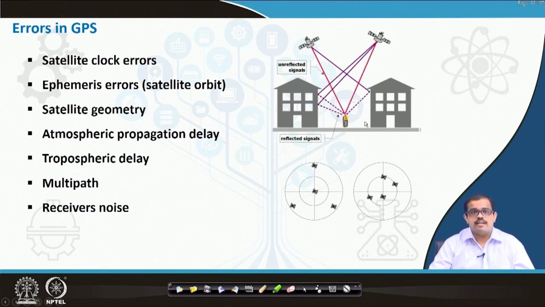That is nothing but a multipath error induced into your GPS. Then finally there is the receiver's noise. Noise induced by the receiver may also be an error in this GPS system.